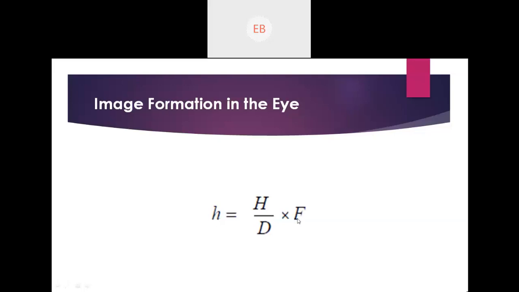And capital F is the focal length, the distance between the center of the lens and the retina. When you put these values in this formula, you get the original height of the image. So this was about image formation in the eye.